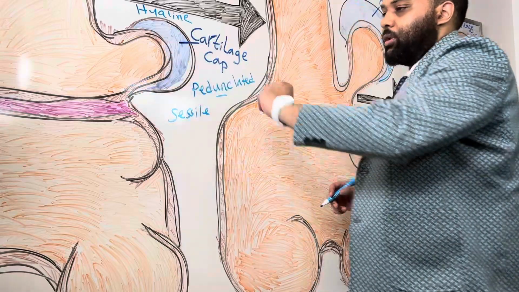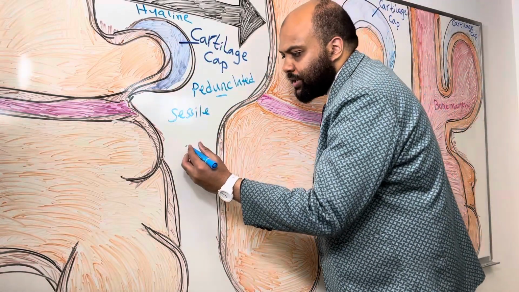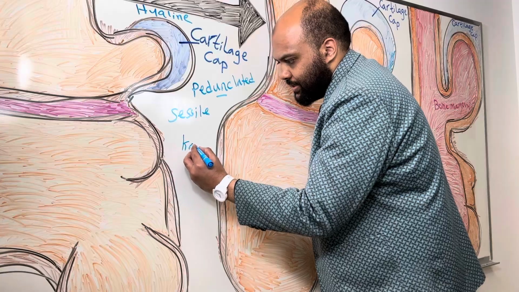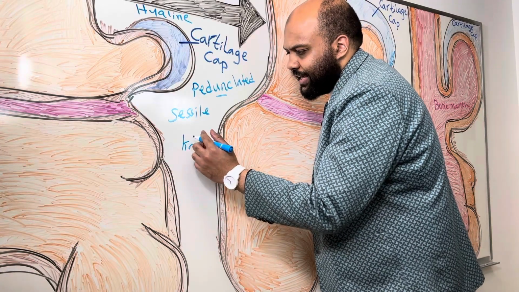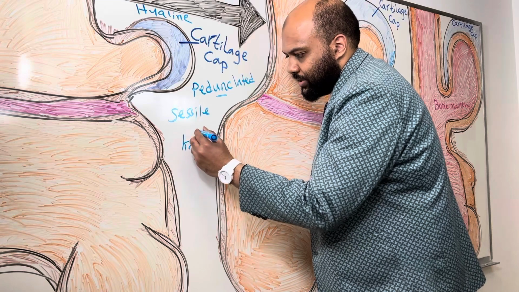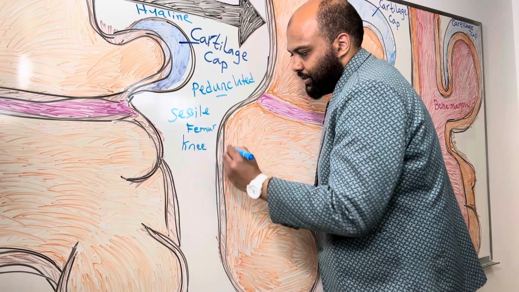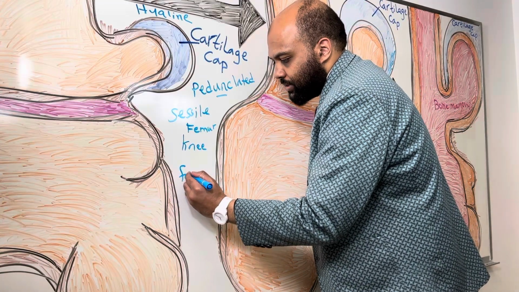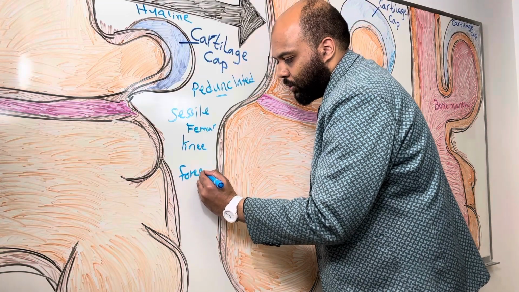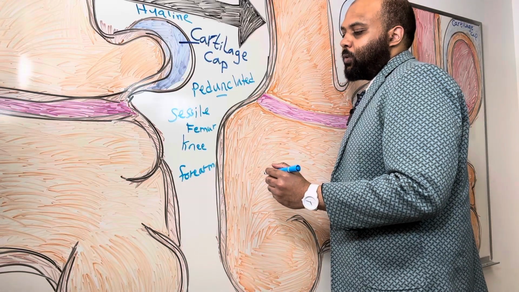So there's a bulge. Where does the osteochondroma usually happen? It happens in the big long bones, like in the knee, at the distal end of the femur, in addition to the distal end of the forearm.